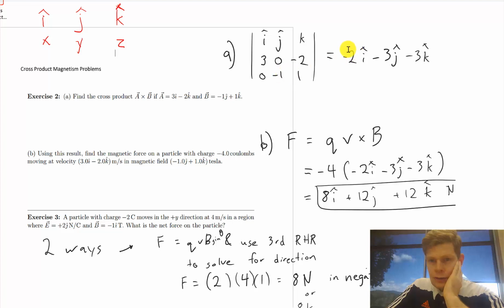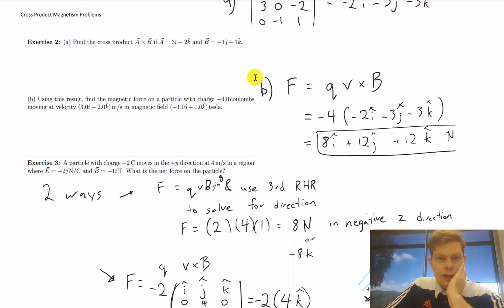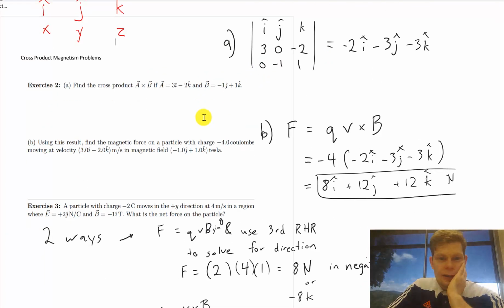Hopefully you know how to cross. Anyway, you get this guy. This times this minus this times this, and then this times this minus this times this, and then for the k component, this times this minus this times that. All right, so that's not the interesting part. We've done that before. Now we want to use it.